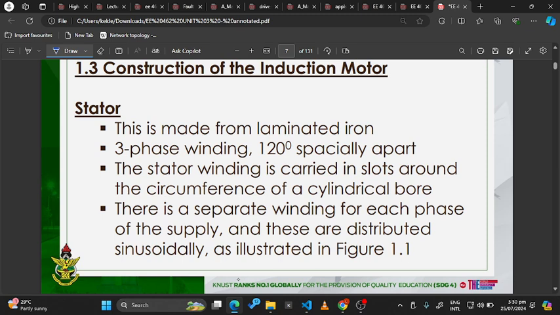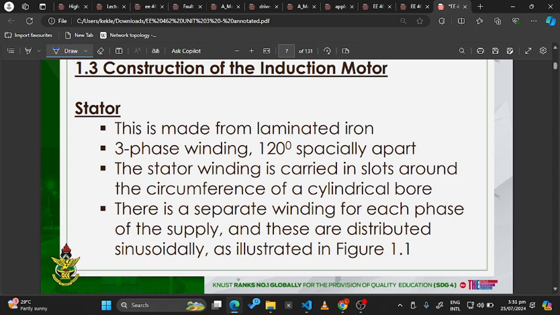What you see on the outside, the yoke and all that, is part of the stator, and the stator also has windings. The stator is not one full piece of molded metal. It is made of small slices stuck together. The reason is that we want to reduce core losses.